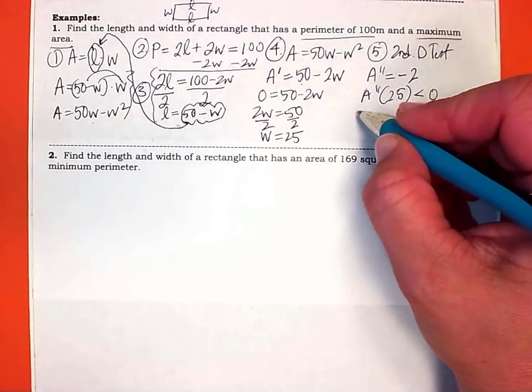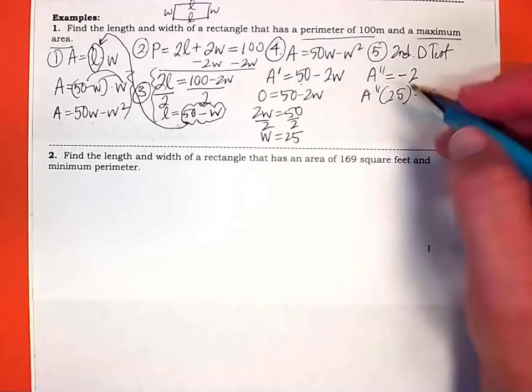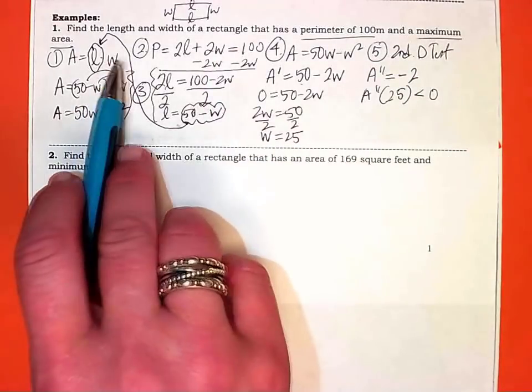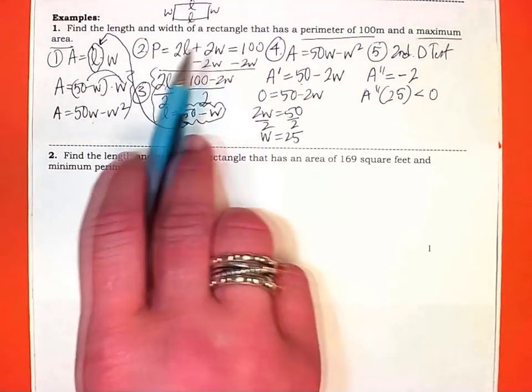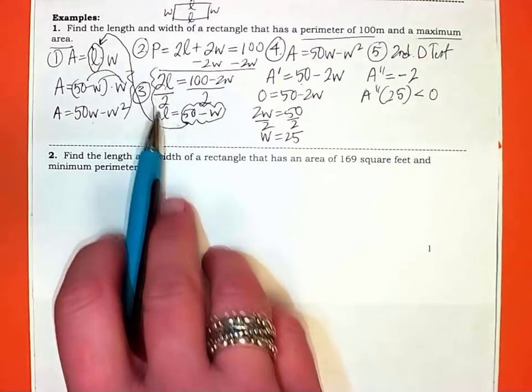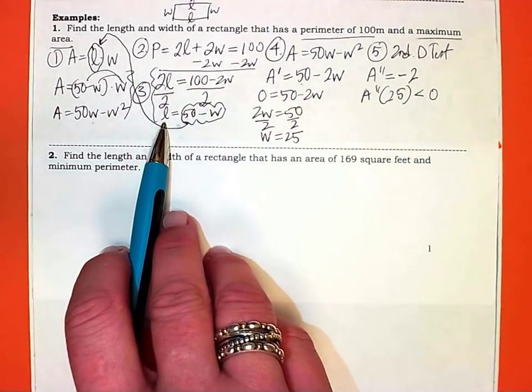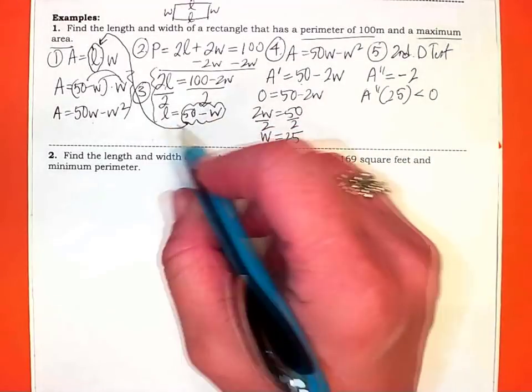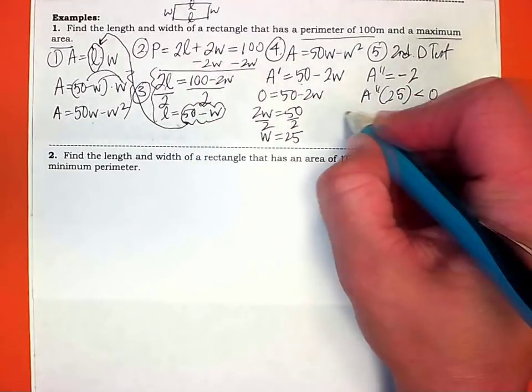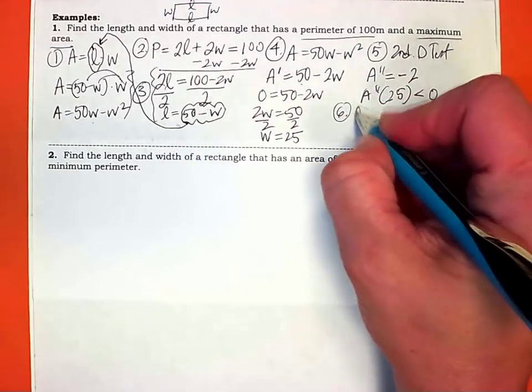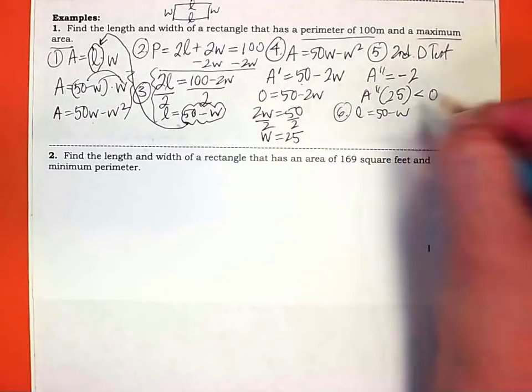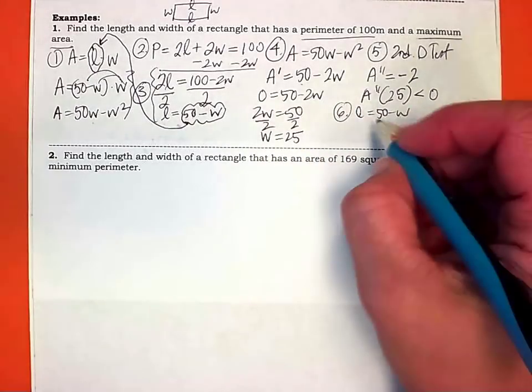So step 6 is to go back and find your other dimension. Now we can go back to this formula, the secondary equation, but we've already solved that for the variable that we actually need to figure out now. So let's take this formula here. L is equal to 50 minus W, and we know that W is 25.